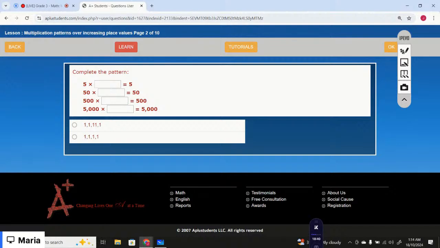Okay, complete the pattern. 5 times what number is 5? 50 times what number is 50? 500 times what number is 500? And 5000 times what number is 5000? So which is the correct option?